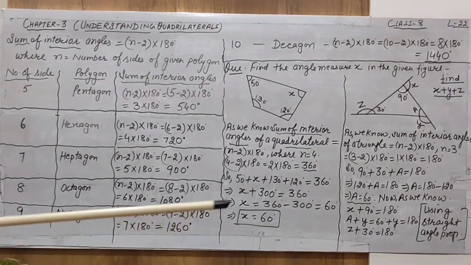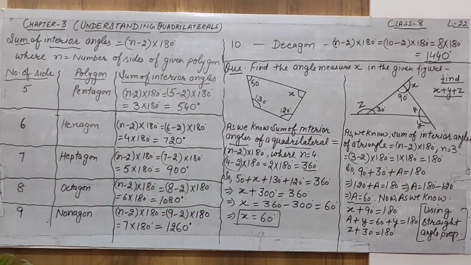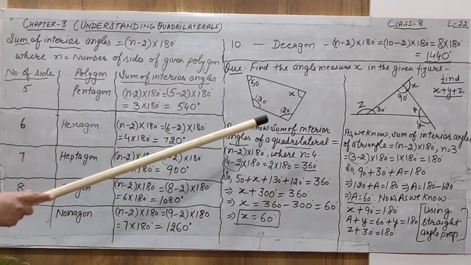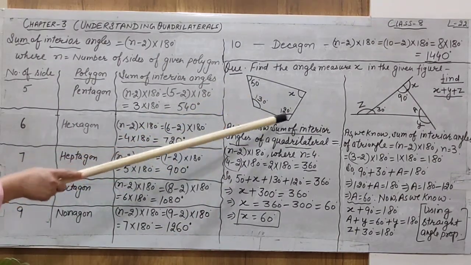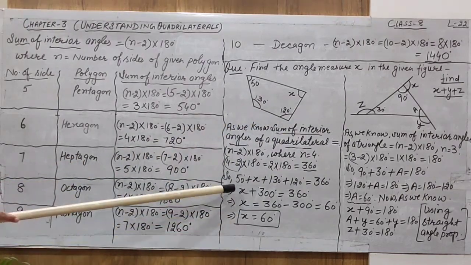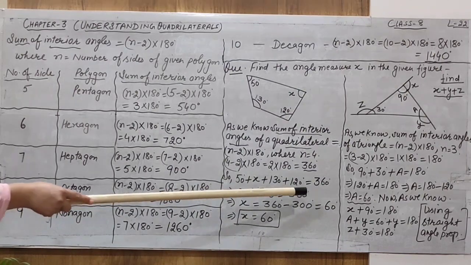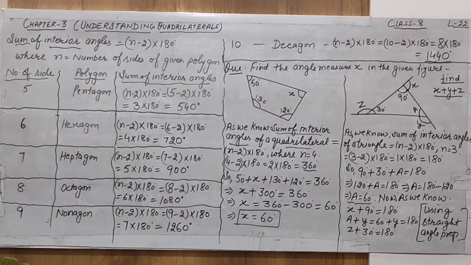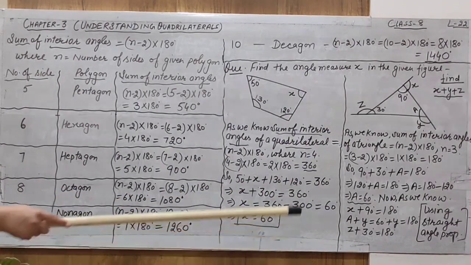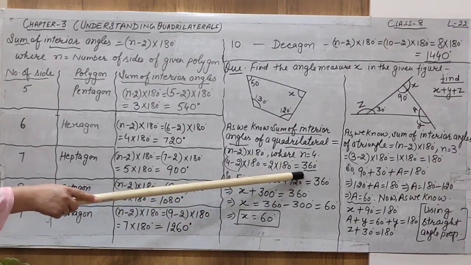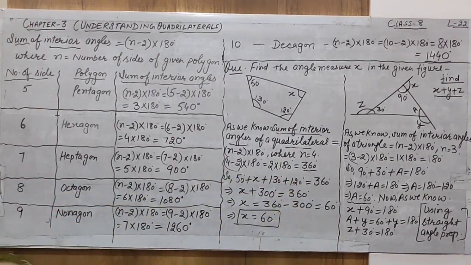Sum of interior angles means the sum of all these angles. That is 50 degrees plus x plus 130 degrees plus 120 degrees is equal to the total sum of interior angles, which you already found, that is 360 degrees.